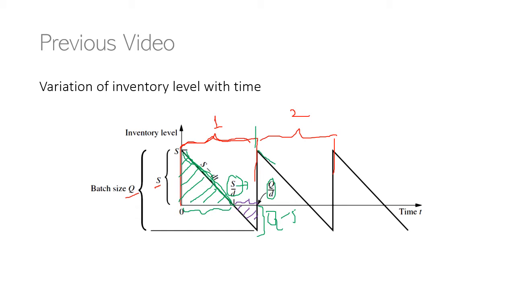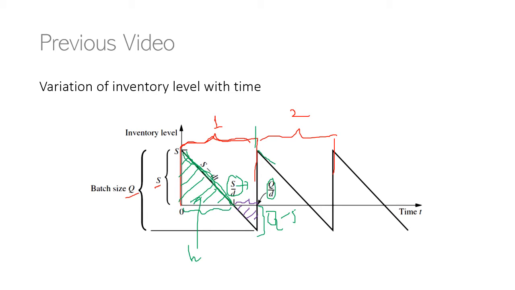We want to focus particularly on these two portions, the green portion and the purple portion. During the green portion of the cycle, from 0 to S by D, inventory exists, and that's why a holding cost H is incurred by the company.